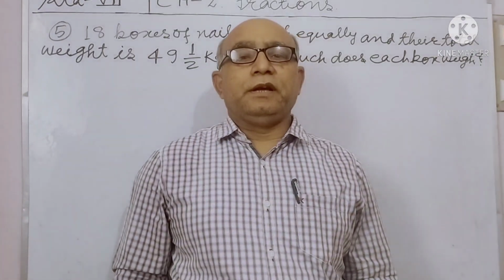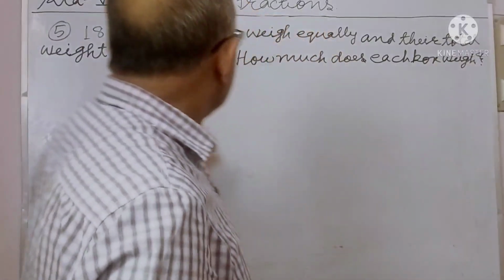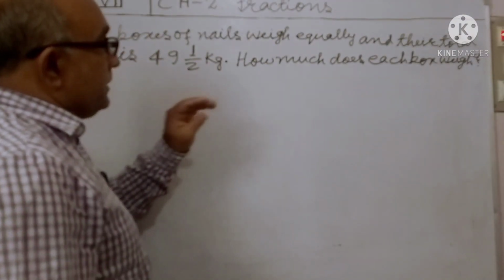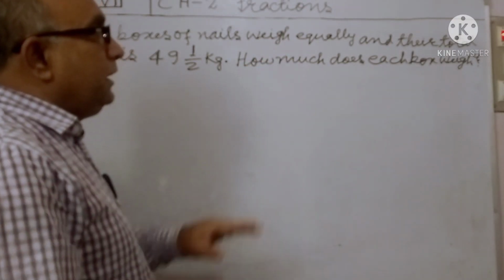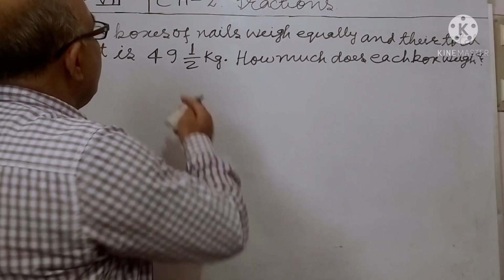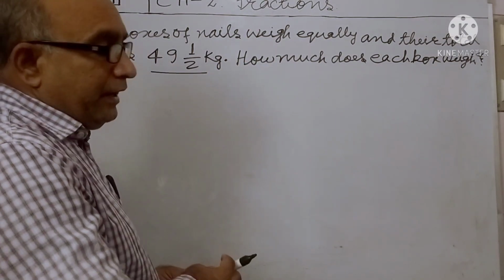Students, next question is question number 5, written on this board. 18 boxes of nails weighed equally and their total weight is 49 whole 1 by 2 kg. How much does each box weigh?